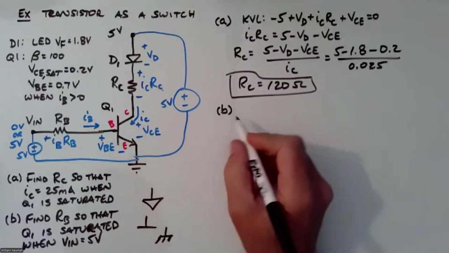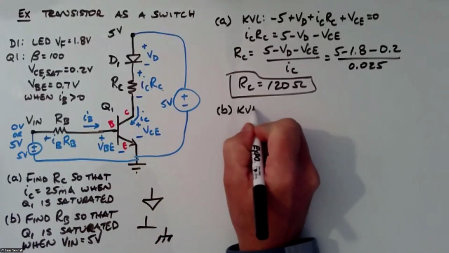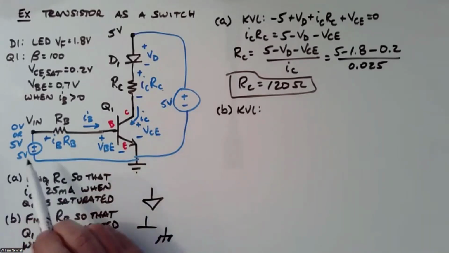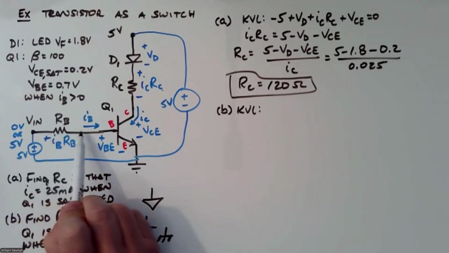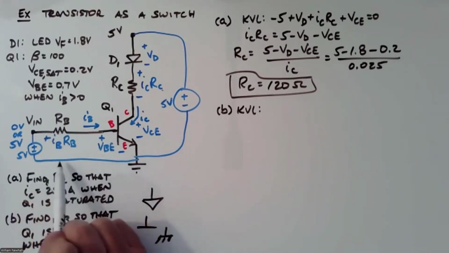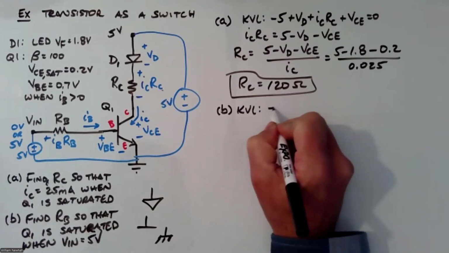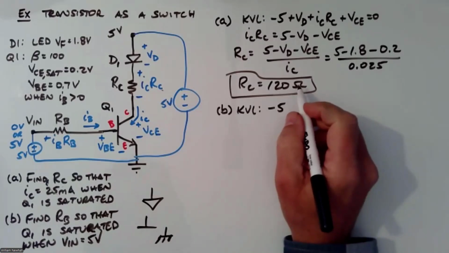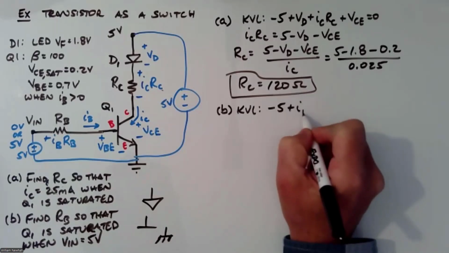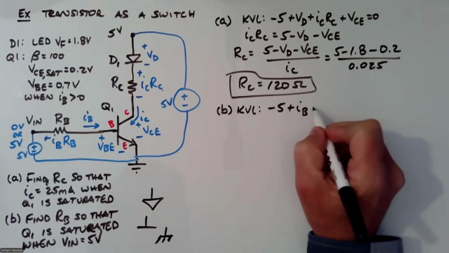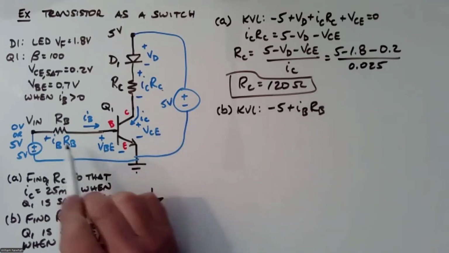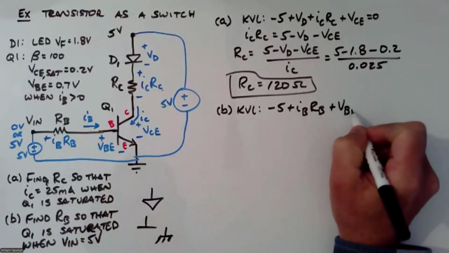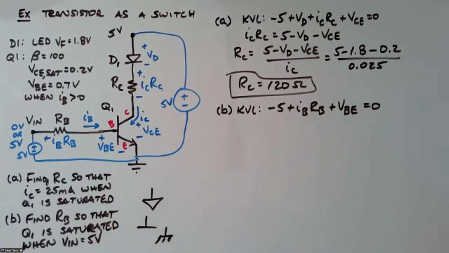So let's start out with the KVL equation to try to solve for RB. Let me start here: -5 plus IBRB plus VBE, back to the starting point, equals 0. So -5, that's VN, -5 plus IB RB plus VBE equals 0.